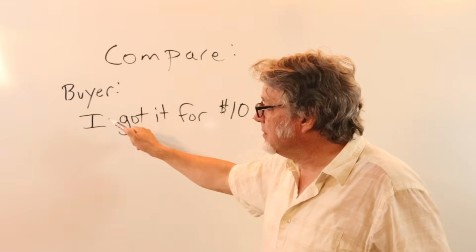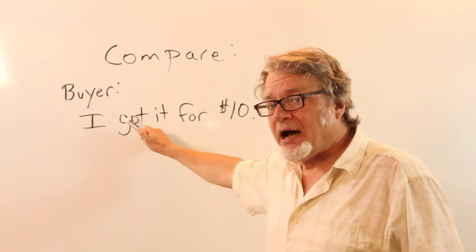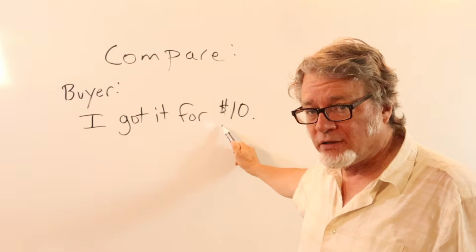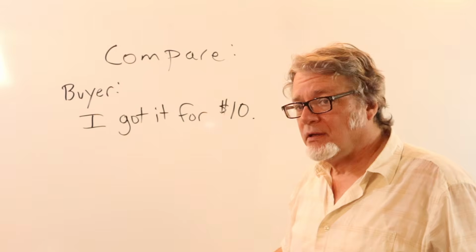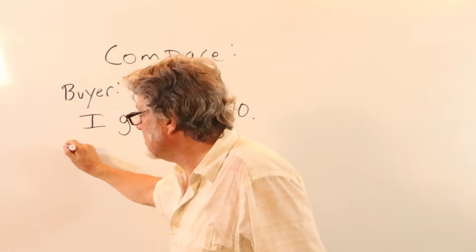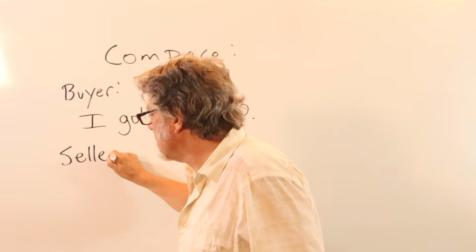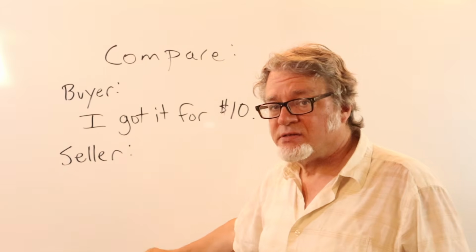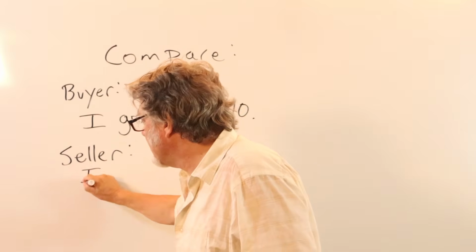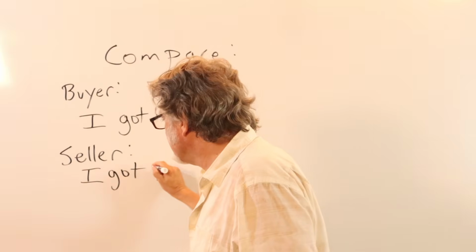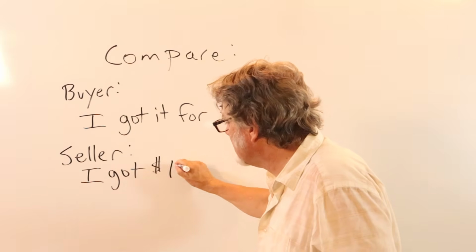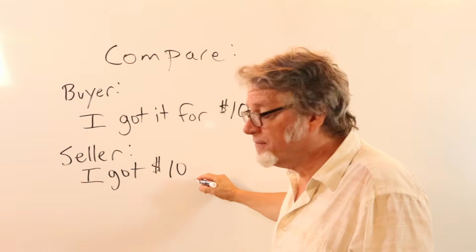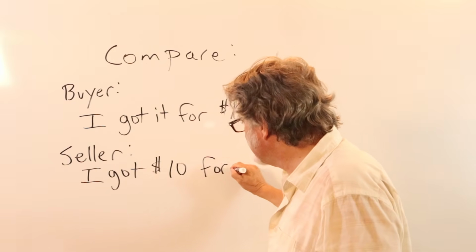Let's compare. A buyer says, I got it for $10. This is in the past tense. The seller says, I got, and then here's the dollar amount, $10 for it.